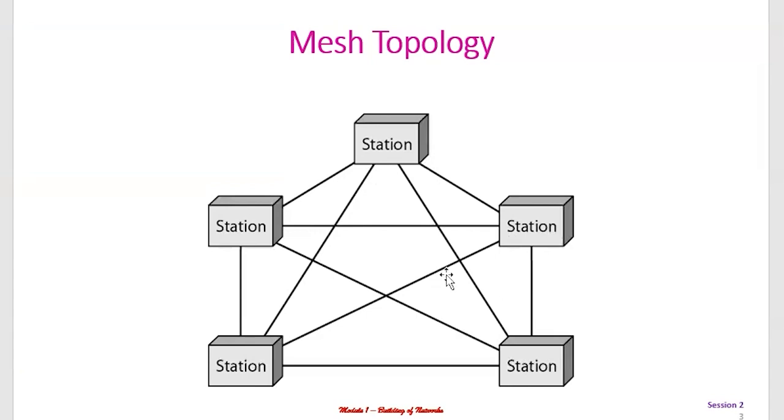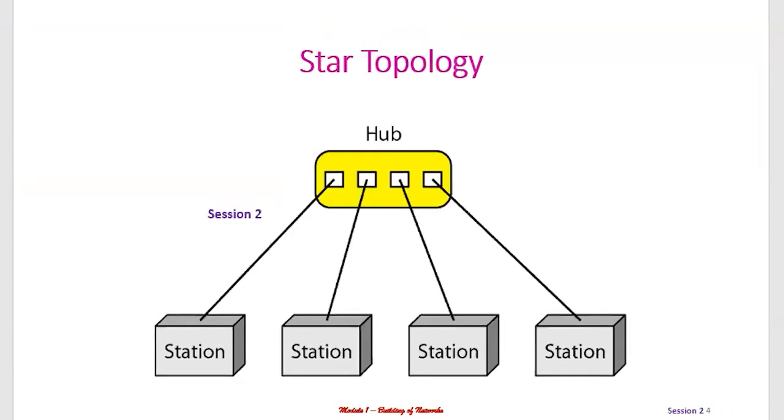The next thing we have is the star topology. Star topology is mostly used in LAN networks where you want to have one link that you connect to. This hub is an interconnecting device.